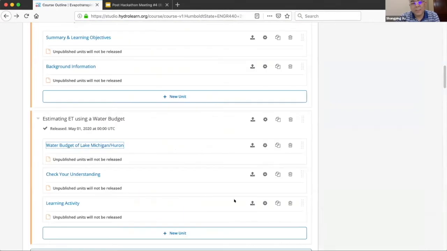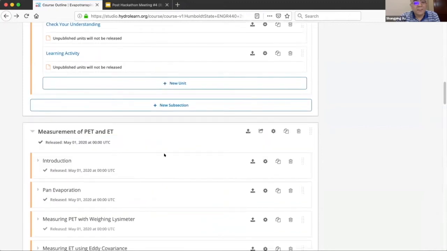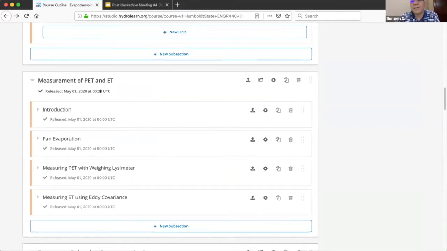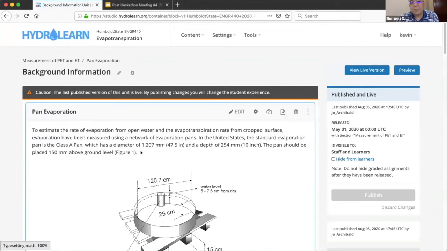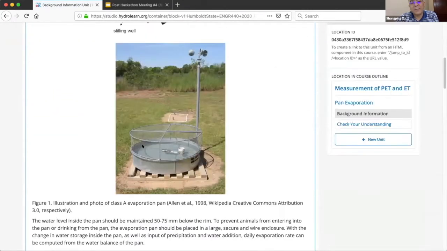And then I will talk briefly about the measurement of the PET and ET. We talk about the pan evaporation. We follow the FAO, and we show the instruments and the design of it.